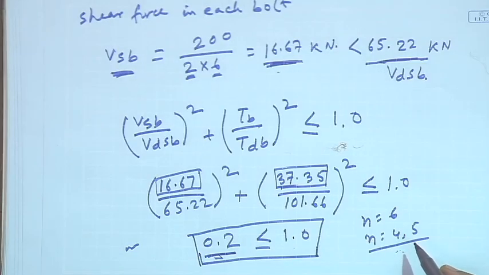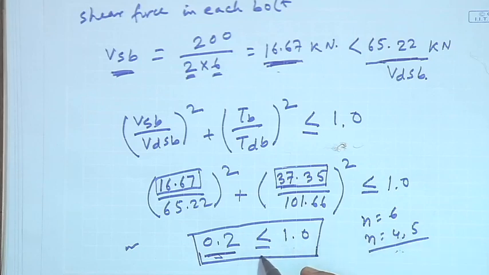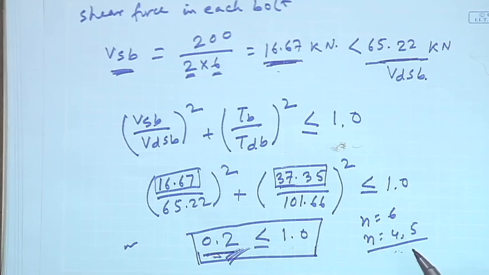If we reduce the number of bolts, the interaction formula value, which was much less than 1, will automatically come near to 1. So, this way we can think. At the same time, if from the interaction formula the value is more than 1, then we have to increase the number of bolts or the diameter of the bolt to make it safe. This is how we can do. Thank you.